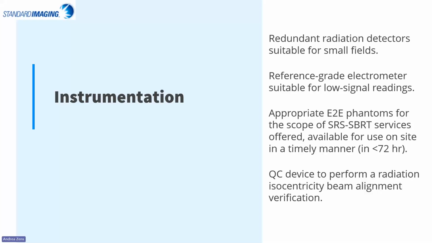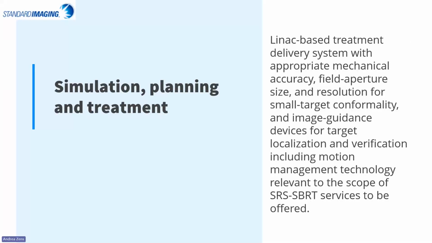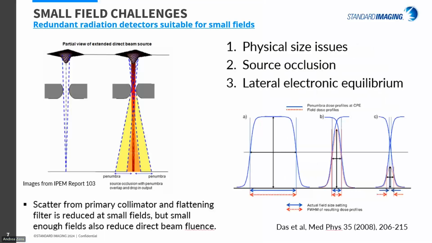Our robust QA complete stereotactic portfolio helps not only meet the instrumentation and recommendations, but also helps you prepare and monitor the various aspects of your treatment delivery system as described in the section on simulation planning and treatment, particularly as it pertains to mechanical accuracy, localization, IGRT, and SGRT. So let's delve into what all this QA complete stereotactic actually means.